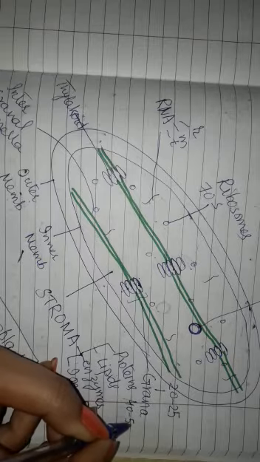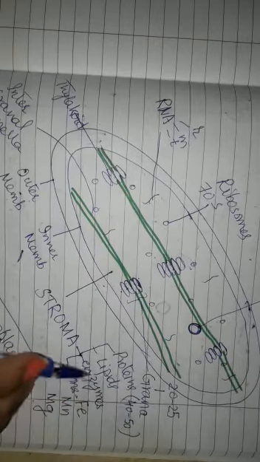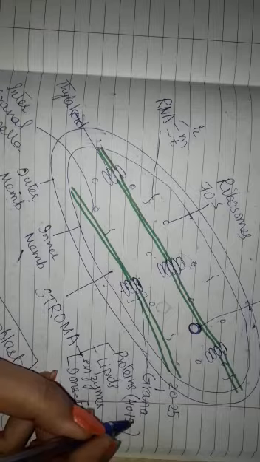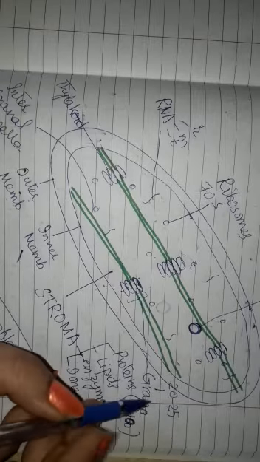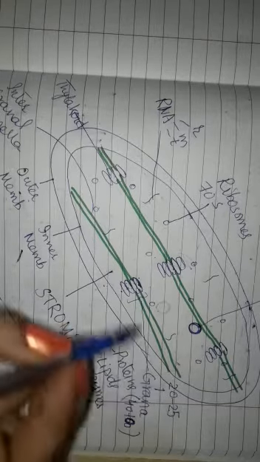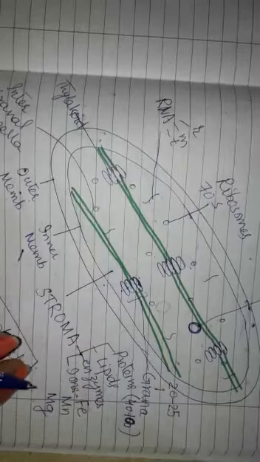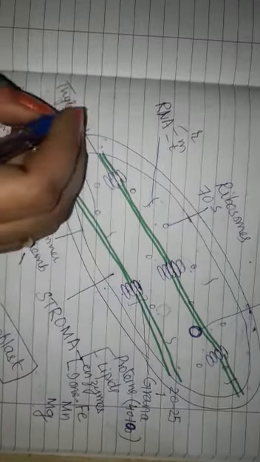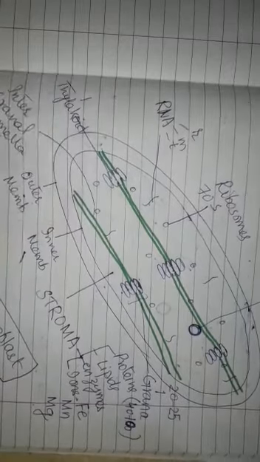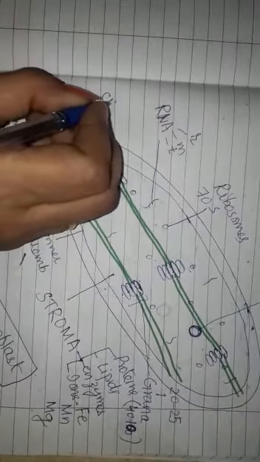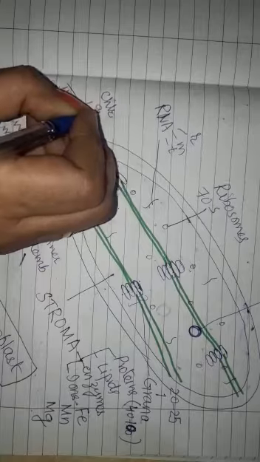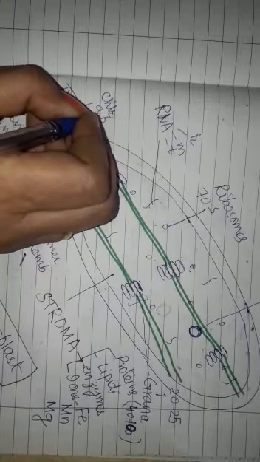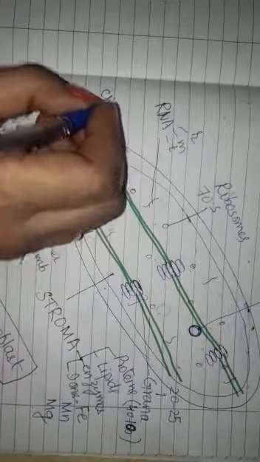That is, one chloroplast can have 40 to 100 grana, and one granum consists of 20 to 25 thylakoids. The thylakoid contains the photosynthetic pigments like chlorophyll A, chlorophyll B, and carotenoids.